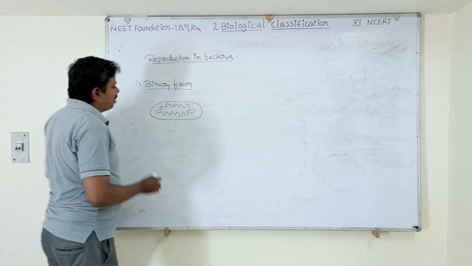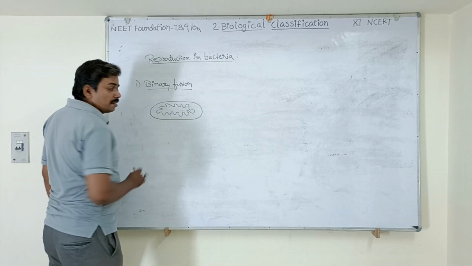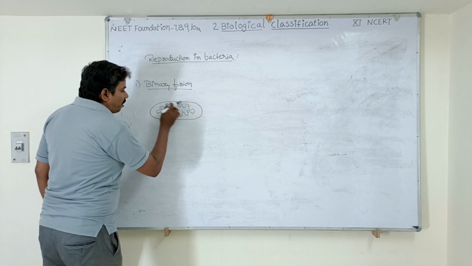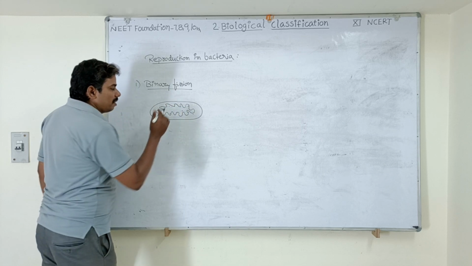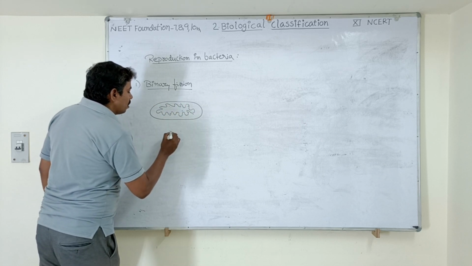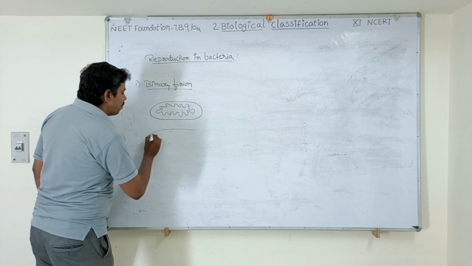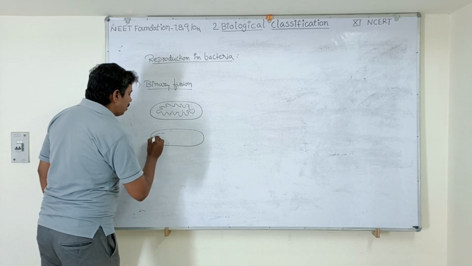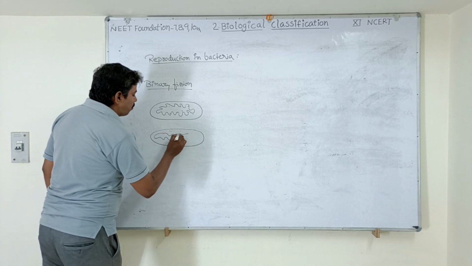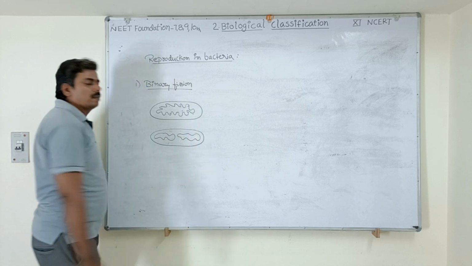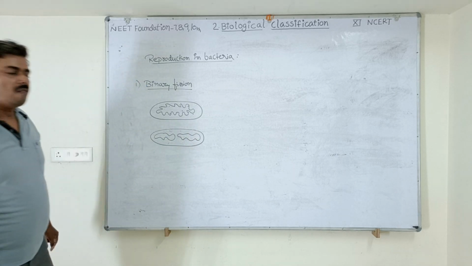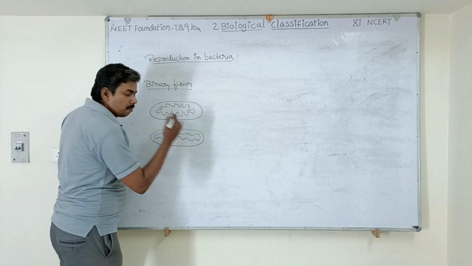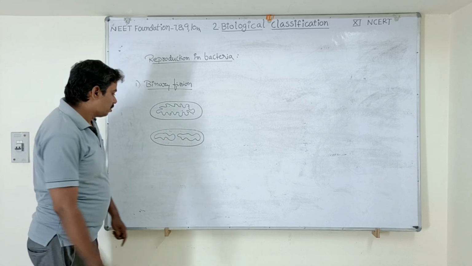First the bacteria is going to replicate this DNA. The one copy of DNA present inside the bacteria is going to double. After some time, 2 copies of DNA will be available in the same bacteria. So replication of DNA takes place.